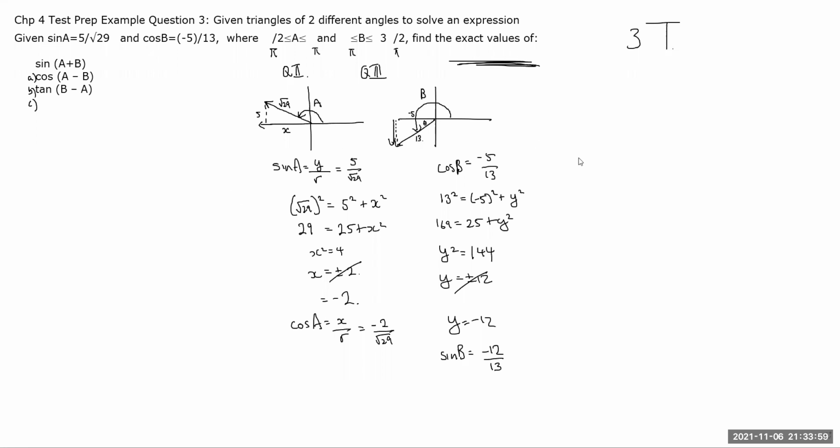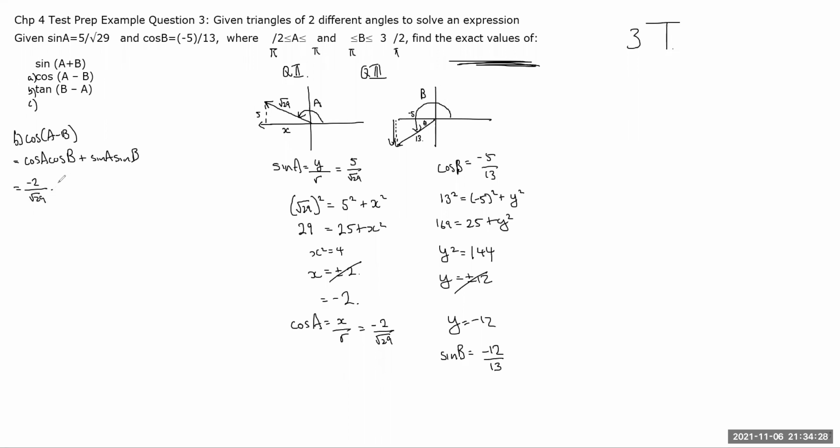Did you get it? Well, if you haven't, pause the video, but I am going to go ahead and calculate what the answers might be. For part B, cosine of (A minus B) using compound angle formulas would be cos A cos B plus sine A sine B. Cos A is negative 2 over root 29.